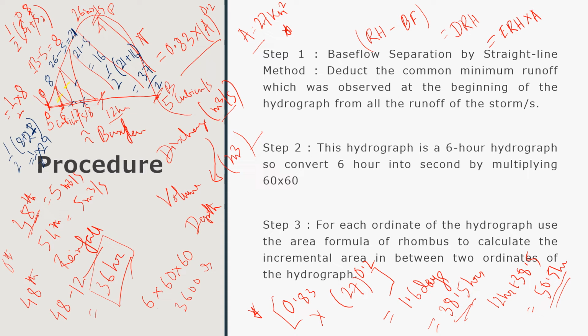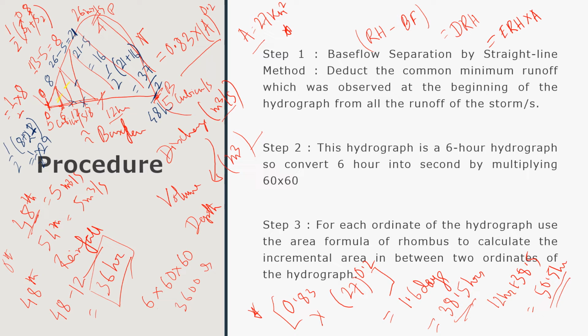So in the same way, from the 0th coordinate representing the discharge at 0th hour until 48th hour, because we have found that the end of hydrograph is at 48th hour, for all this incremental area represented by the formula of rhombus, you have to calculate the area and add each of them with the others.